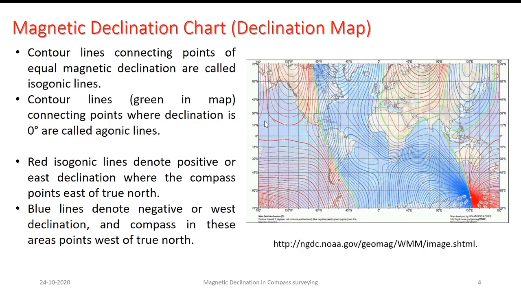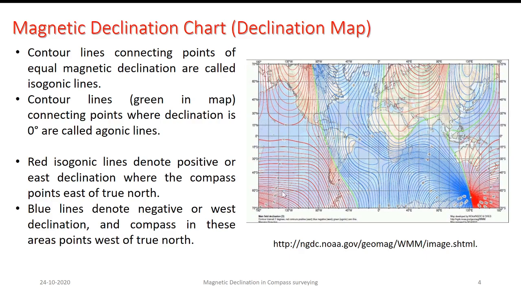So here, as you see, for the given portion of this particular globe, there are certain green lines which are giving the locations at which there is no difference between magnetic north and true north.